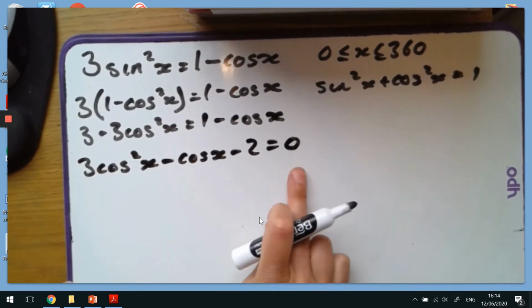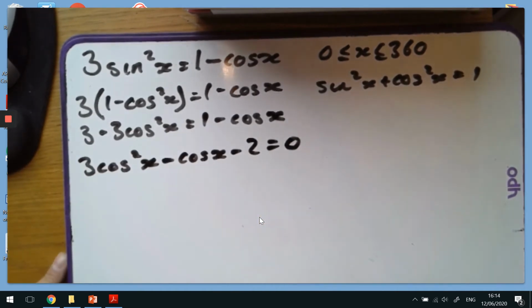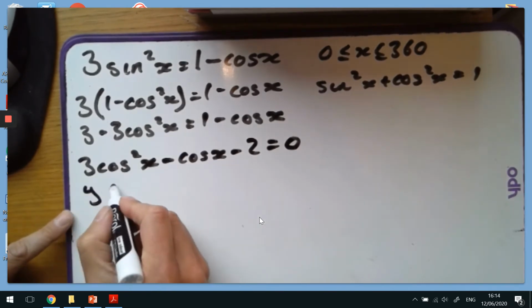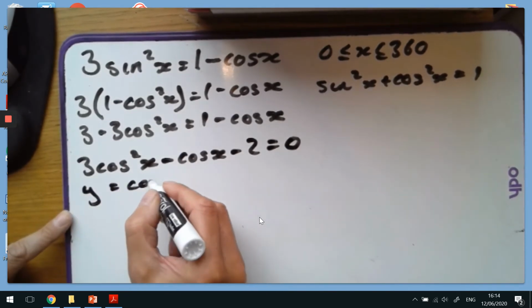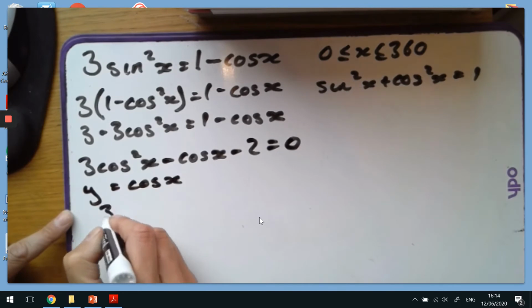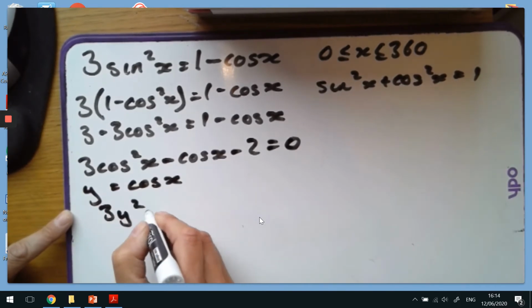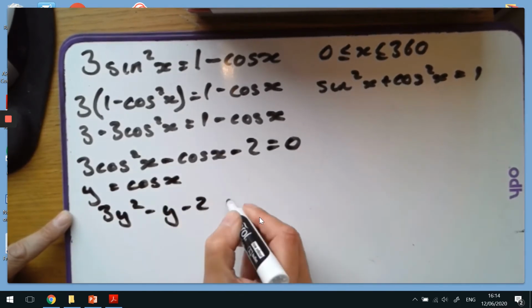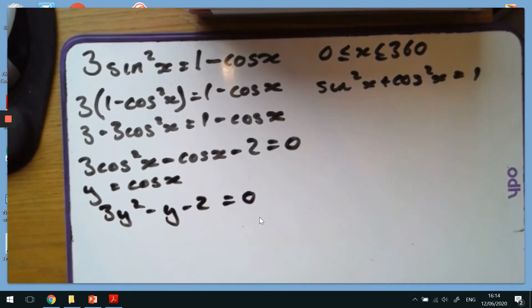So I've now got a quadratic in cos of x. So I'm going to use a letter to replace that just to make it more manageable. We like to do that. So I've got 3y squared minus y minus 2 equals 0.